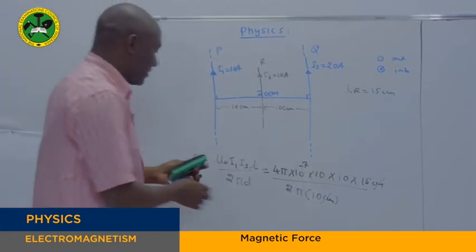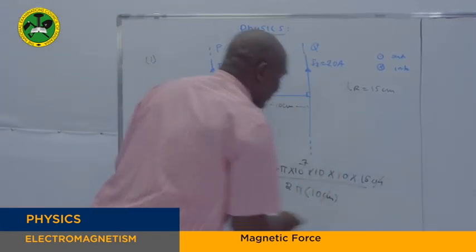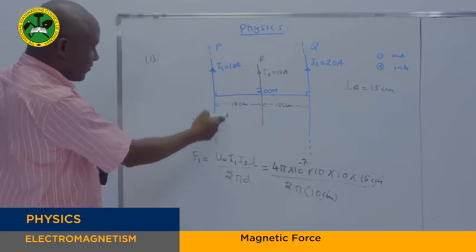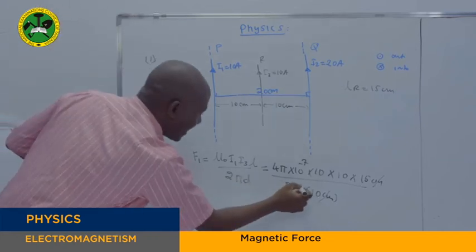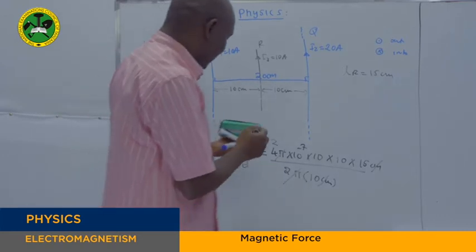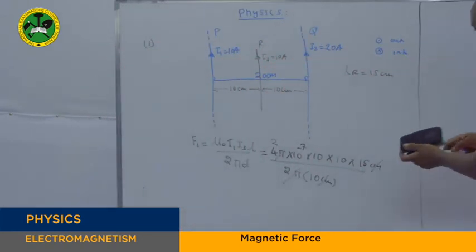And we can now find the force acting on wire R due to P. We call the name of this force F1. The pi cancels and gives us 2. And we can compute that using a calculator.